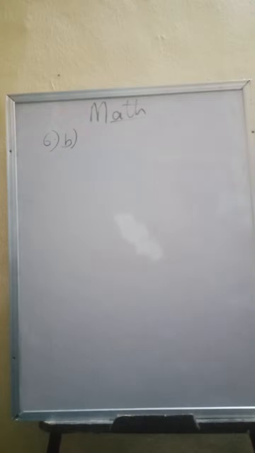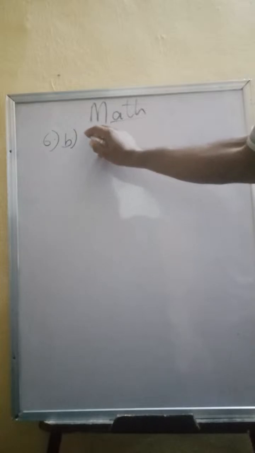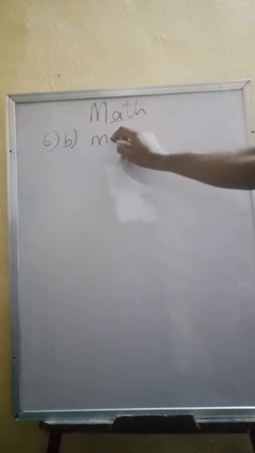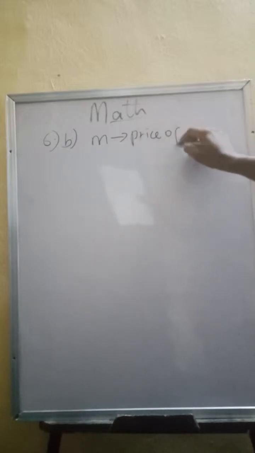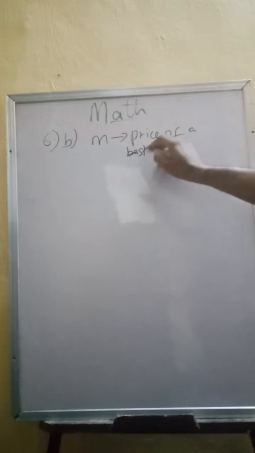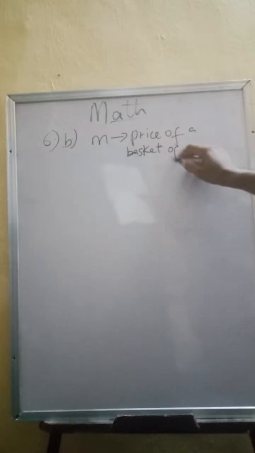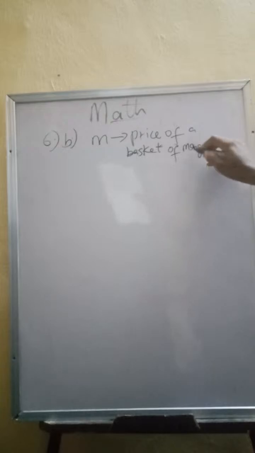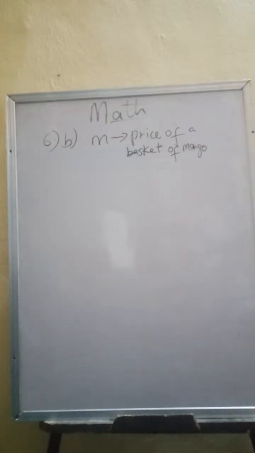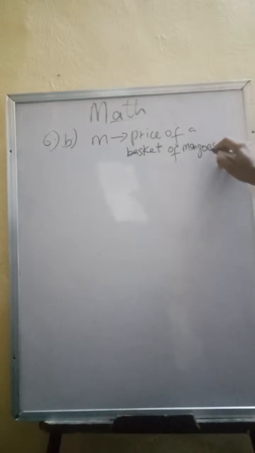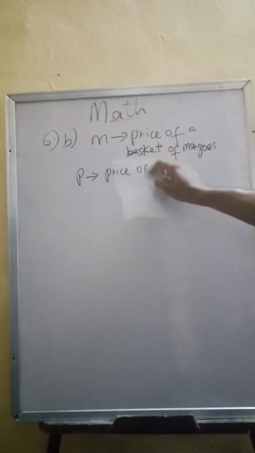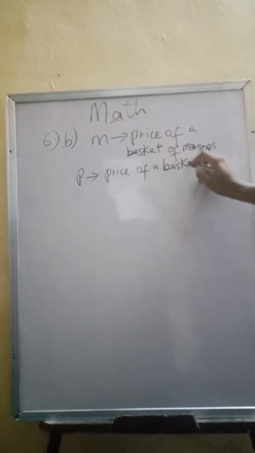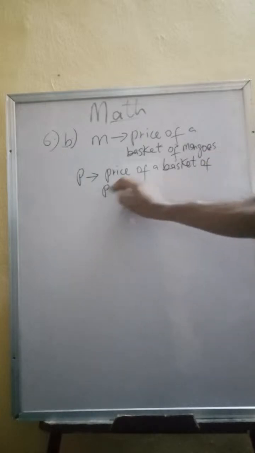Let M be the price of a basket of mango, and P be the price of a basket of pawpaw.